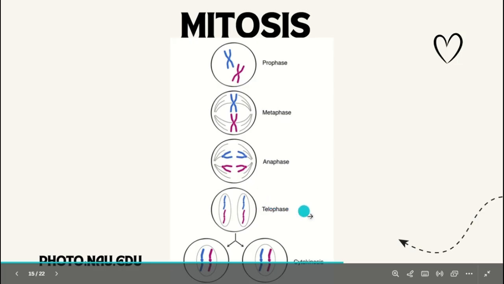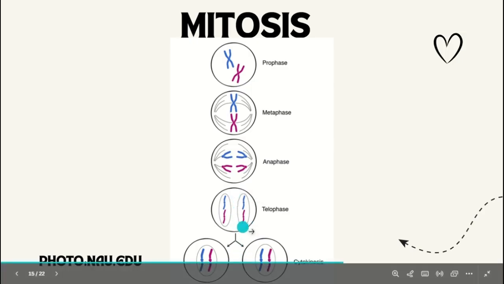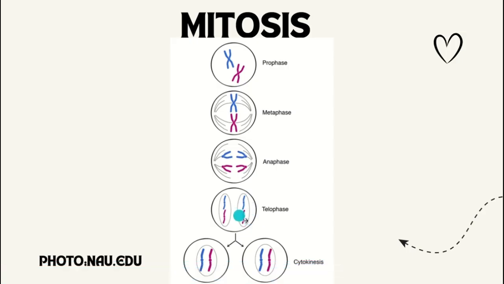And also in telophase, we call it the nuclear membrane. So the nuclear membrane starts building up. That's what's happening here. The circle around it is the nuclear membrane, right? And the chromosomes start becoming decondensed. As I said, this diagram is not the best diagram, but they become decondensed.